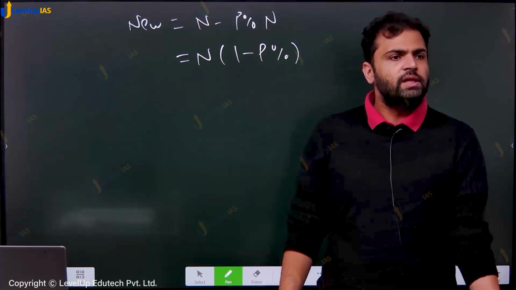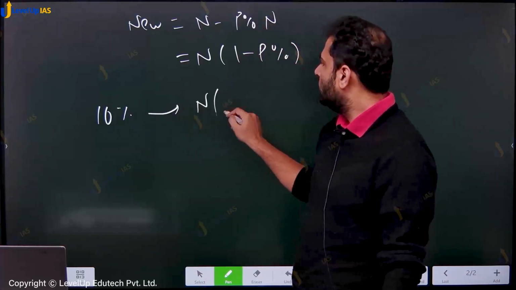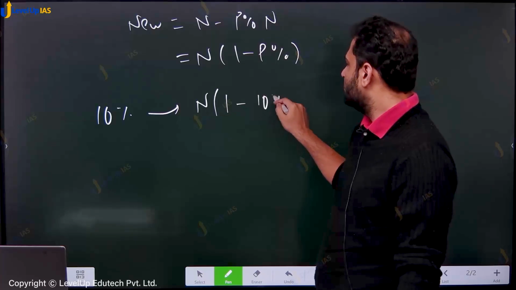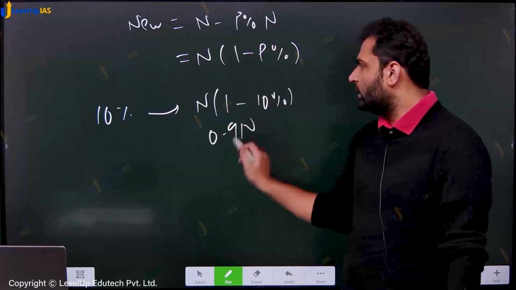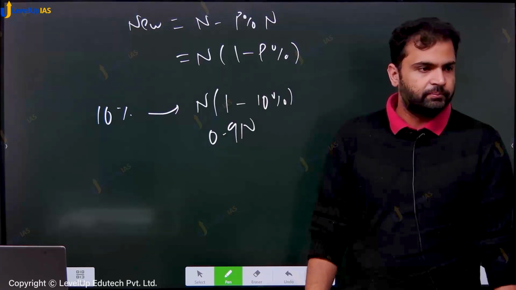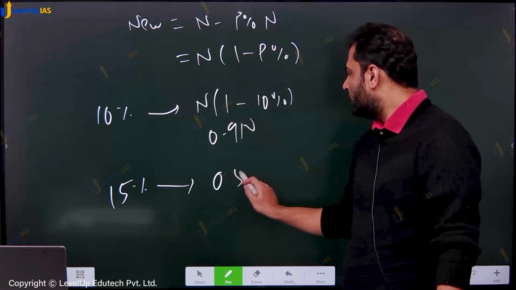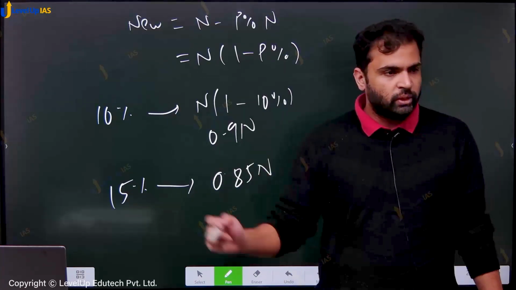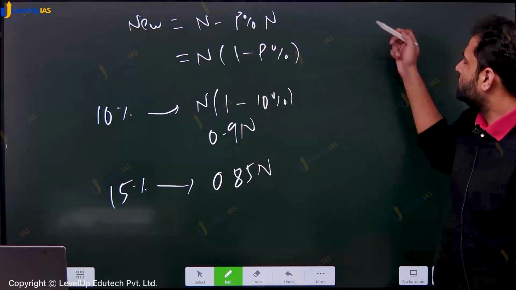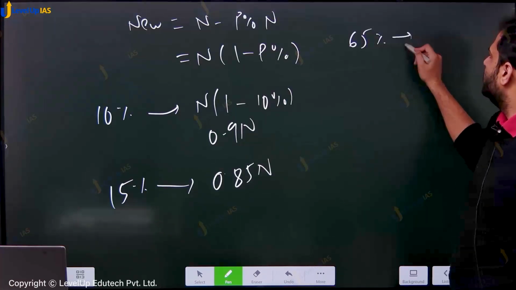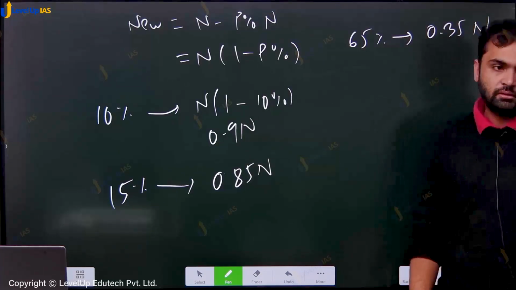So if you want to decrease a given number by say 10%, then the new number would be old minus 10%. 10% is 0.1, so it will be 0.9 times n. If you want to decrease by 15%, it would be 0.85 times n, that is 1 minus 0.15. If you want to decrease by 65%, it will be 0.35 times n.